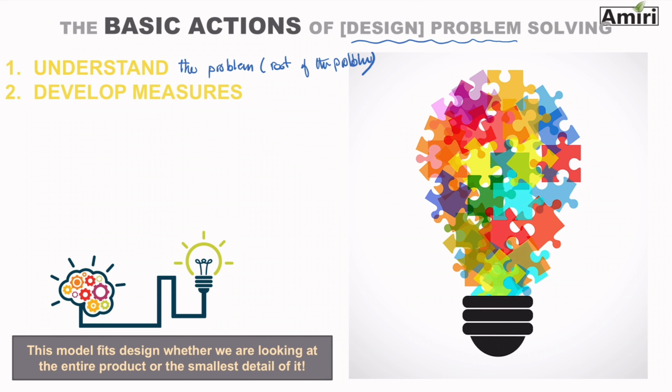Next is develop some measures. You already kind of know this. This is the specs. If you're buying a car, say, hey, I need no older than 2020, no more mileage than 80,000 K, no more expensive than 25,000, whatever the specs are. The specs are always something with a number.